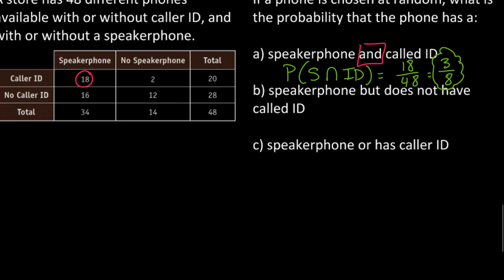So now, speakerphone but does not have caller ID. So before we find this probability, do you think it's "and" or "or"? Is it going to be the intersection or the union?